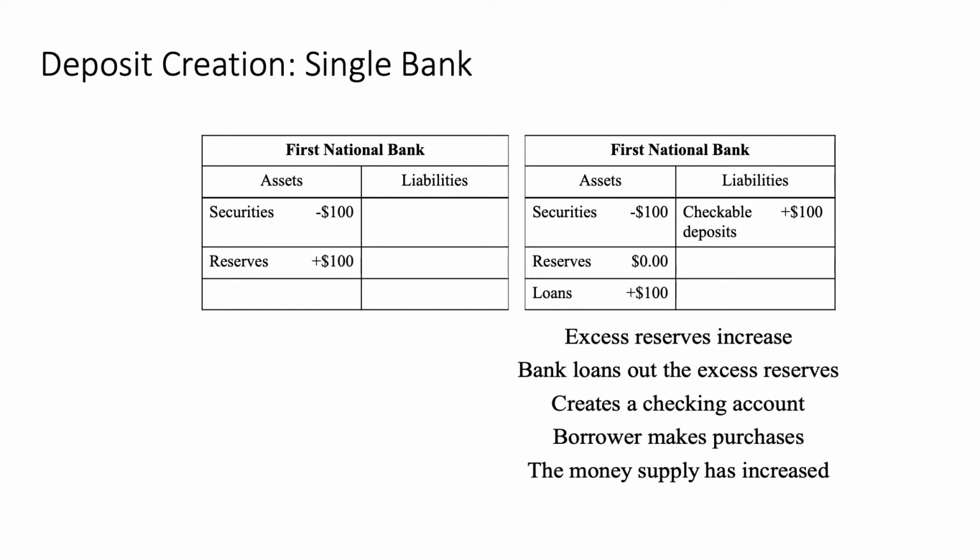And what we've seen happen is that what was once reserves now becomes spendable cash. It becomes money. And if you remember from our definition of money, particularly M1, narrow money, it included very liquid forms of assets. Certainly currency was in that category, but so too were things like checkable deposits. And so what we've seen here is an increase in the monetary base that has consequently increased the money supply. There's now an extra $100 of checkable deposits, right?